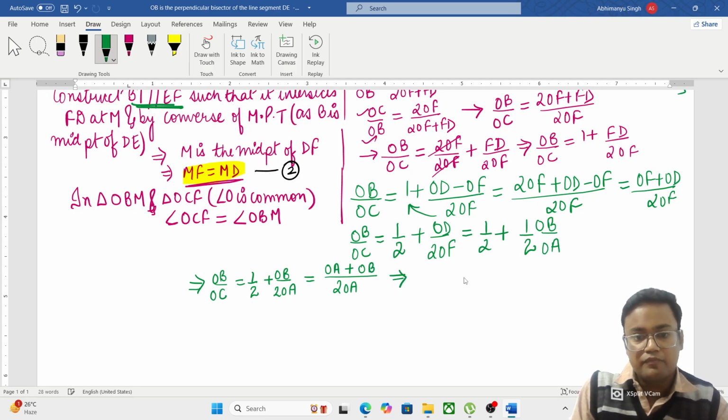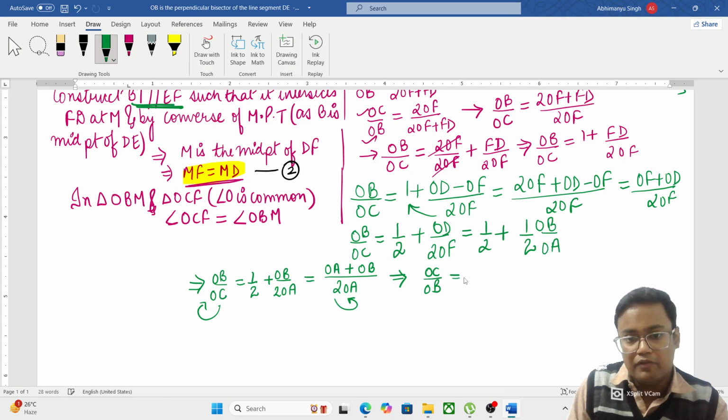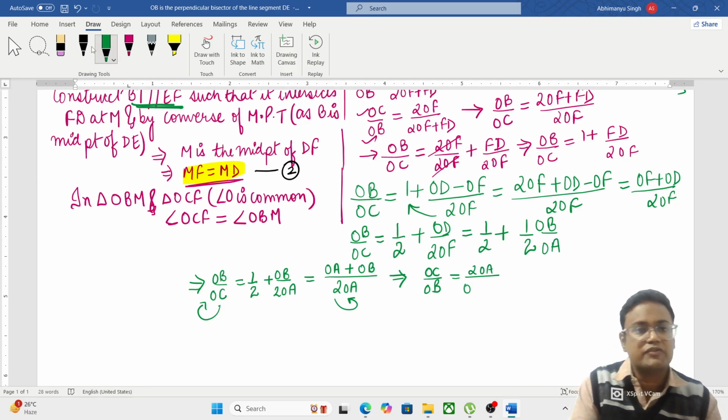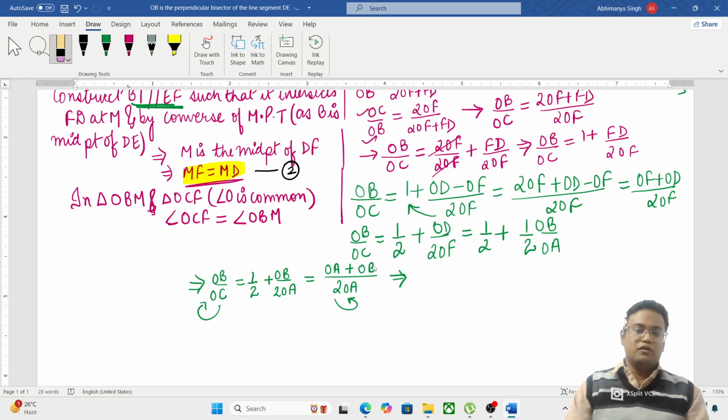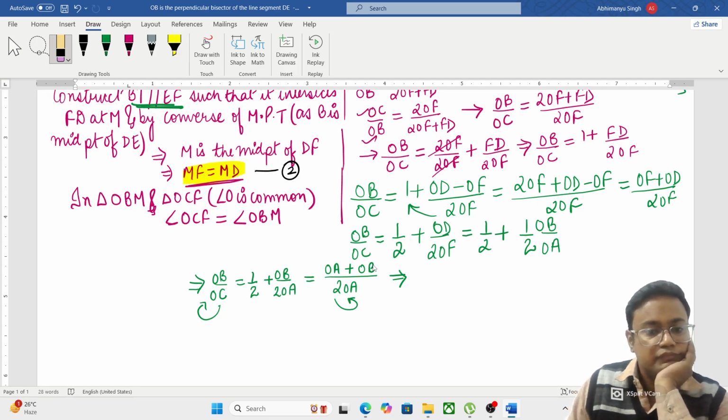Now see children, if you flip the equation, that is, in place of OC, OB will come and in place of OB, OC will come. If we flip the equation, then this will flip and this will also flip. So it will be kind of like twice of OA upon O. Sorry, flipping is not required here, right? Flipping is not required. We can bring two on the top.